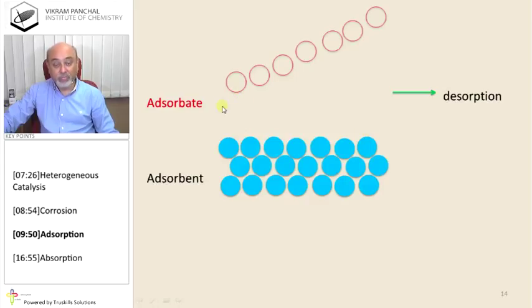They may be removed from the surface, and the process of removal of adsorbate from the surface of adsorbent is known as desorption. So this is called desorption, where adsorbate molecules leave the surface of the adsorbent.